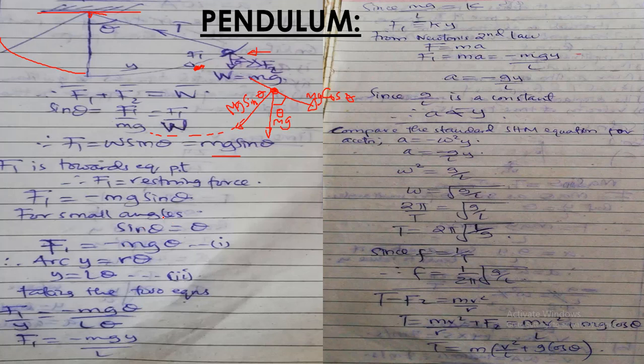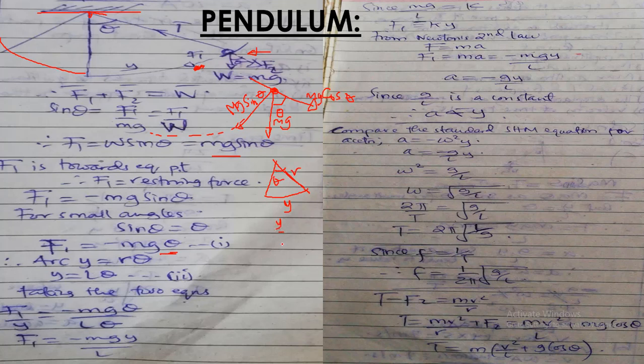We said that for small angles, sin theta is almost equal to theta itself. So instead of mg sin theta, it becomes mg theta. But we know that for the arc, let us say this arc is y, and we have our angle here and the radius.